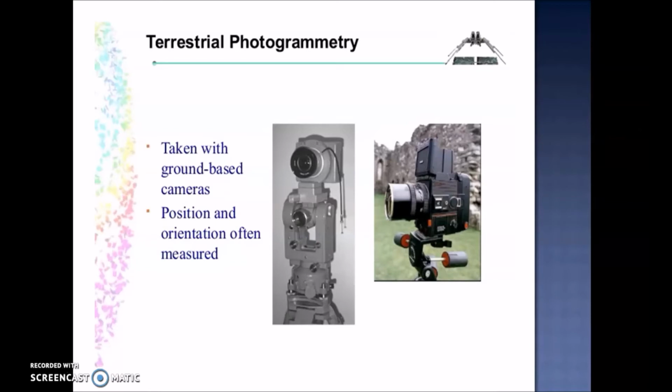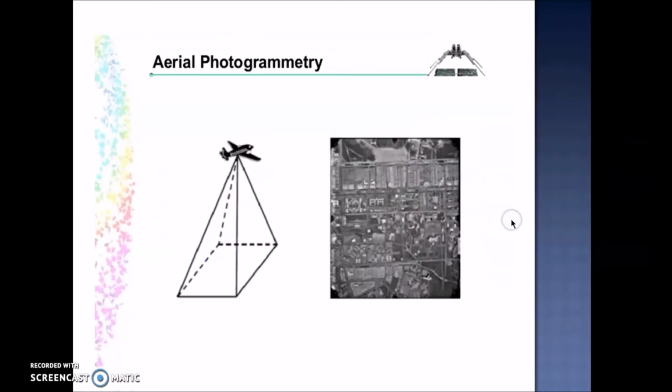We choose a place where the entire site is visible, place the camera there, and click the photographs. This is how aerial photogrammetry can be done by means of any aircraft, either a flight, helicopter or any other jet.